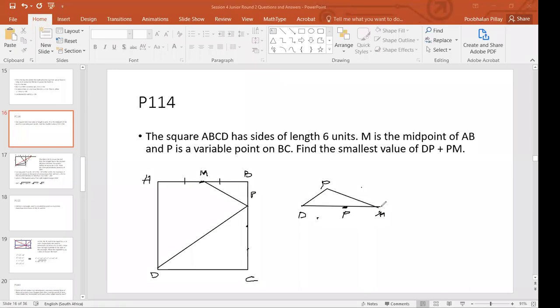Then DP plus PM is actually DM. And there can be nothing smaller than DM. DP plus PM is always greater than or equal to DM. And when P is on this line, then you get the smallest possible sum.